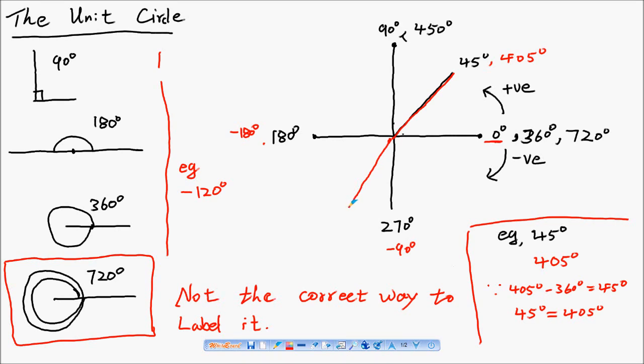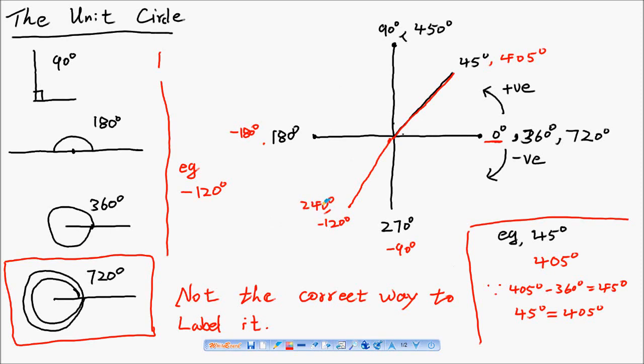Now I have minus 120 degrees, which is the same as the angle if I move from 0 to there, which is the angle 240 degrees.